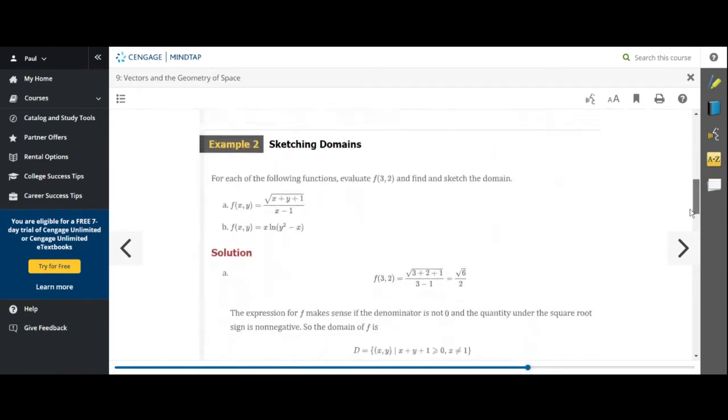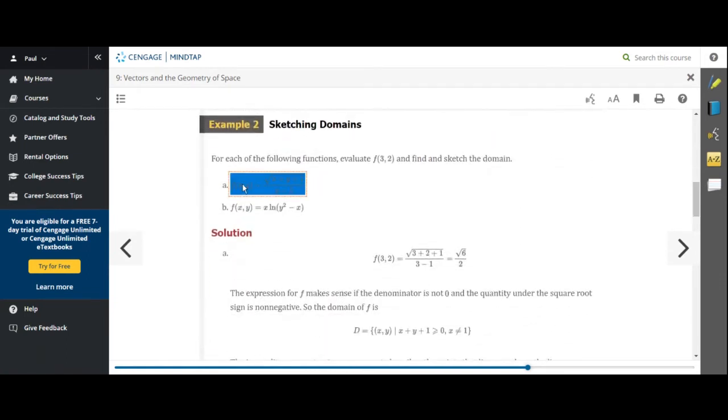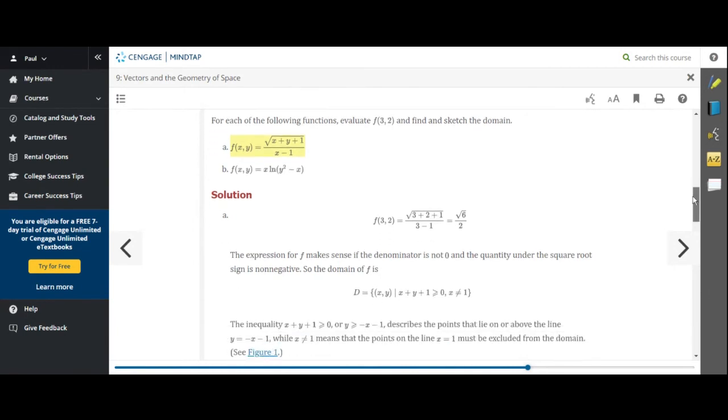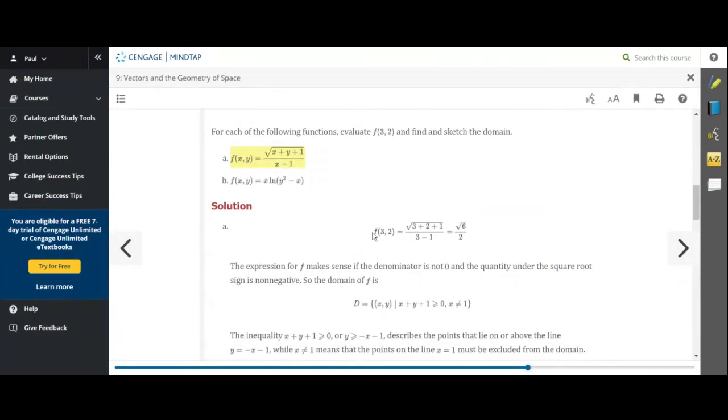However, consider example 2, part A: f of xy equals the square root of x plus y plus 1 divided by x minus 1. They ask, evaluate f of 3 and 2. You just substitute 3 and 2 in for x and y.